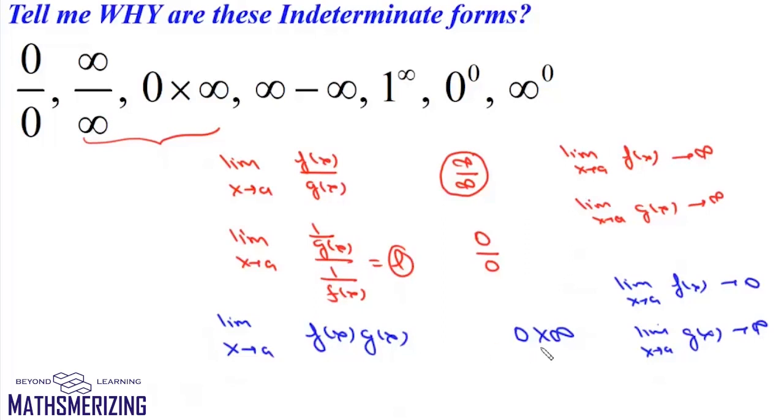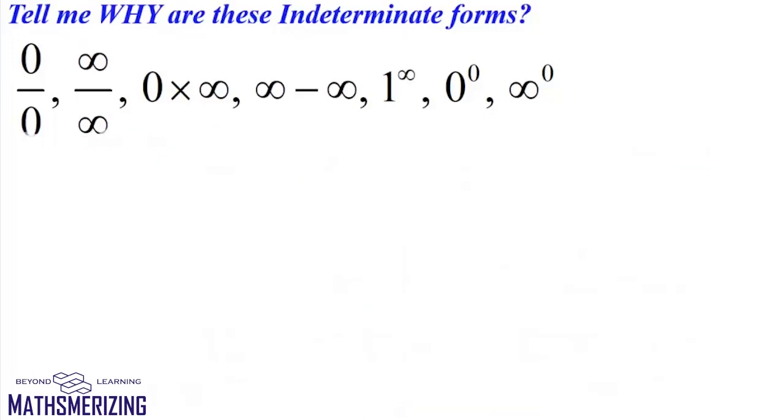So now it becomes 0 into infinite form. We can rewrite this as limit x tends to a f(x) upon 1 upon g(x). Now the limiting value of f(x) is 0 and the limiting value of 1 upon g(x) is again 0. So it will again make it 0 upon 0 form, which we know is indeterminate. So from here we can say this 0 into infinite will also be an indeterminate form.